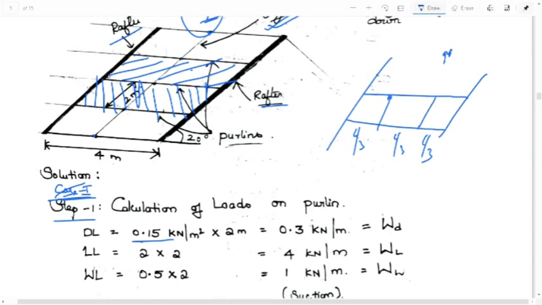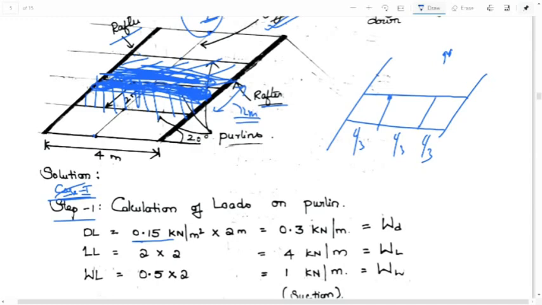Okay, per meter square. So now if you see, this purlin takes the total load, in this span the top span half load and the bottom span half. This is what you have done in your RCC also, in the design of slabs, right? So what is the total span, it would be 2 meter, right?